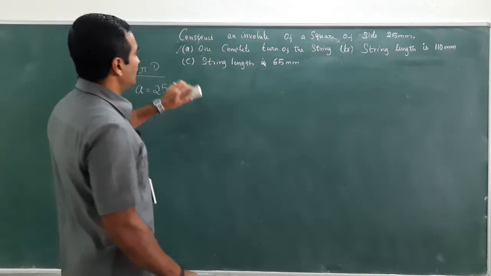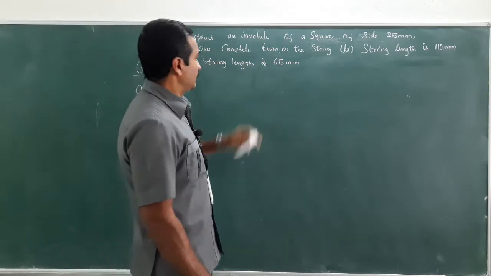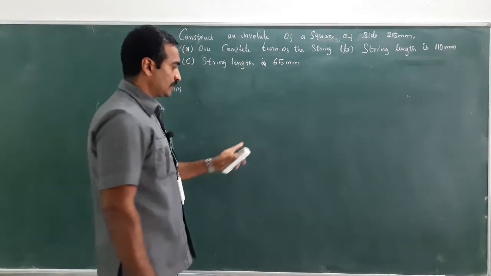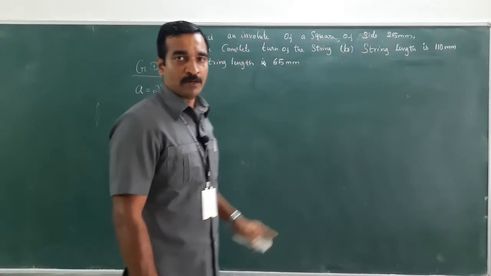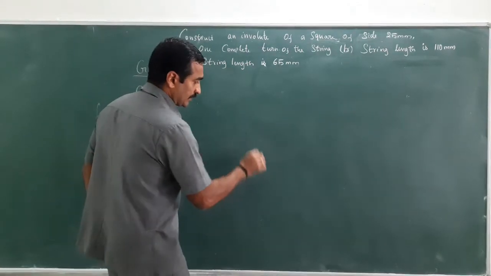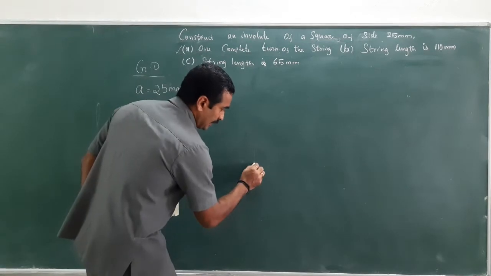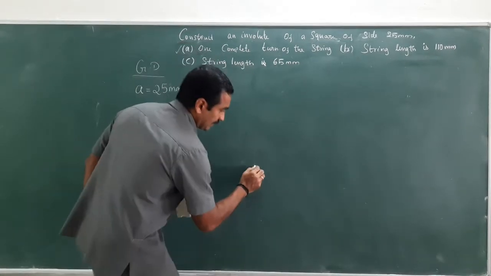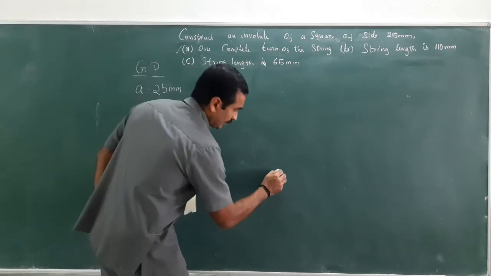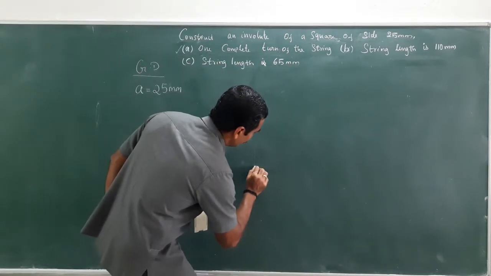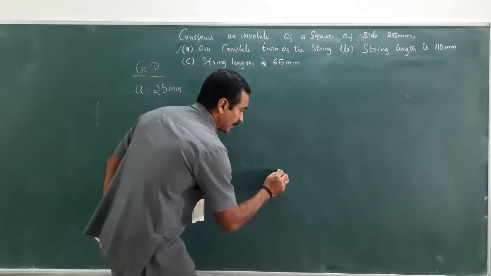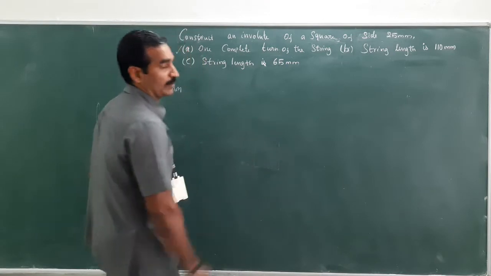Fine. Now, first let me draw the square. This is 25 mm. Use a 2H pencil to draw everything. Keep your protractor in this manner, take 90 degrees and draw a line of 25 mm. Further, keep the protractor and draw 90 degrees and 25 mm.